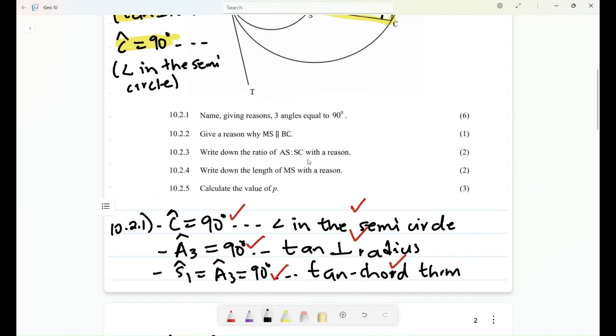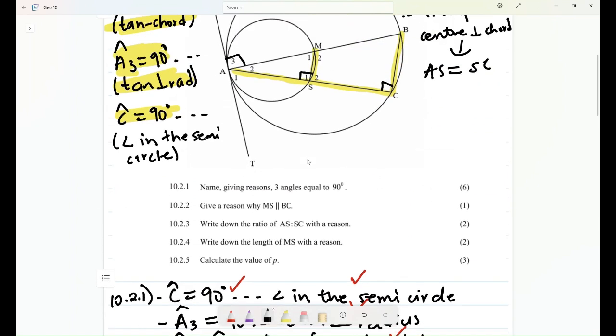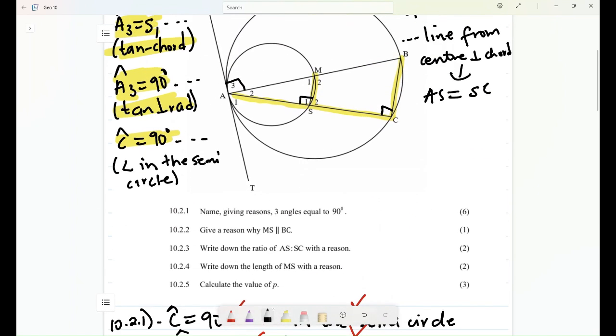Now I'm done. 10.2.3. Write down the ratio of AS to SC. Now, AS is equal to SC. This is the information that I have.